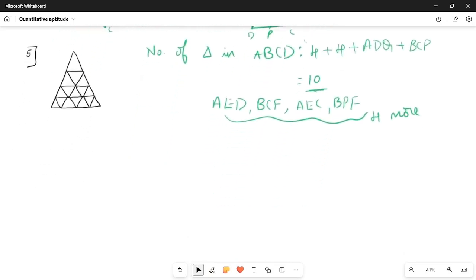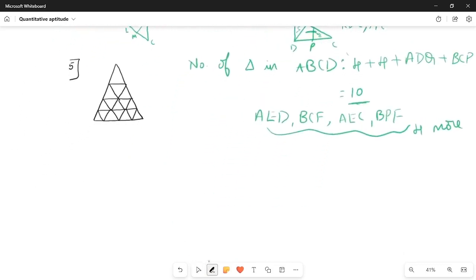Okay, so here is one more question. Here you are supposed to find the number of triangles. Same here. Number of triangles. Okay. So for that, what we are doing is, first initially we are naming the vertices.